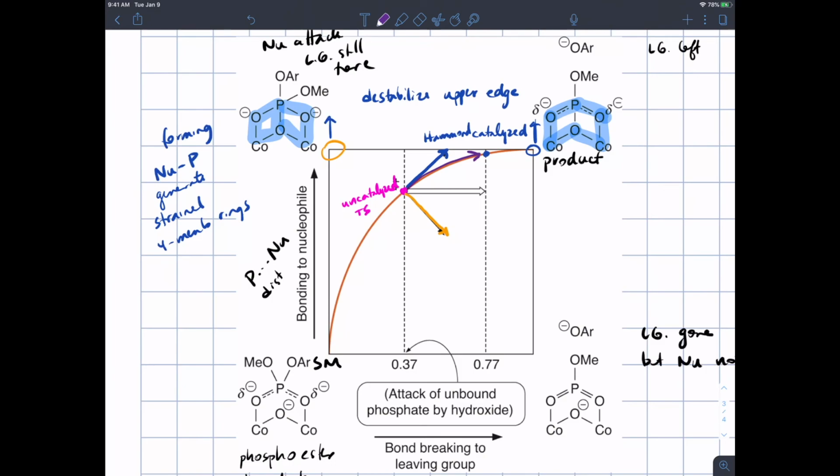In this case, the answer appears to be the catalyst works because it's got a nucleophile that can generate a strained four-membered ring, and that pushes the transition state even further down the reaction coordinate. Now, in terms of the relative energetics of this reaction versus the uncatalyzed reaction, they're not talking about that here. You could look up the paper, and your book references it.